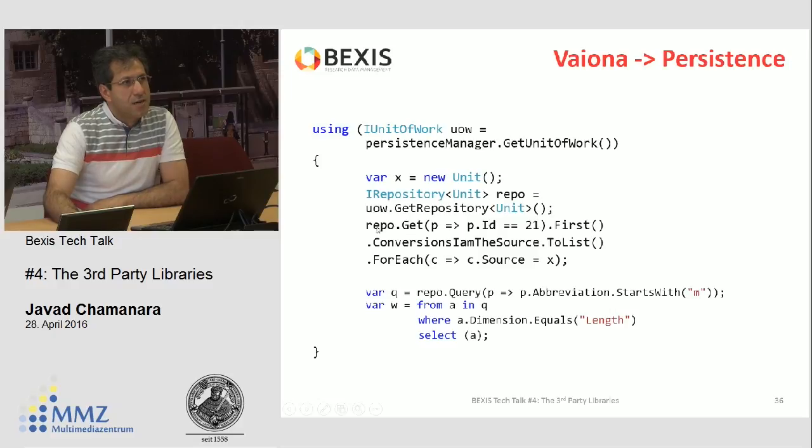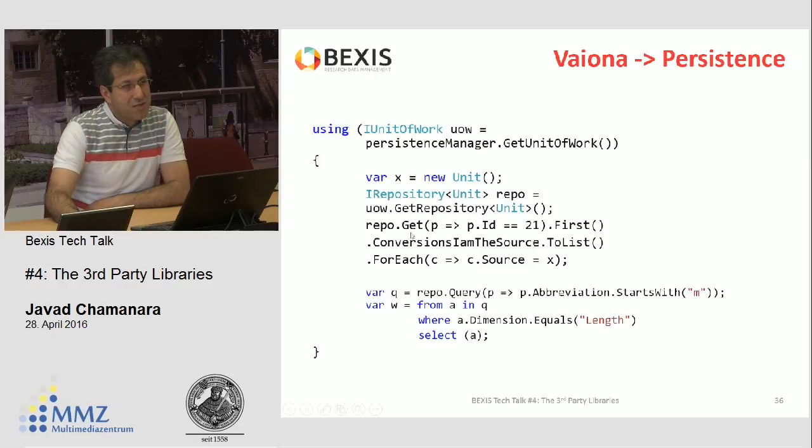One is here I'm getting a specific unit. You see it's repository.Get, which actually means get units because the repository is working on units. And this is the where clause or the expression that is saying the unit whose ID is 21. But because we don't know that it's just a single one, then we are asking for the first one. And this is one query actually.